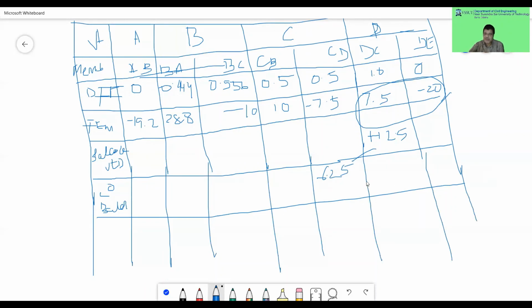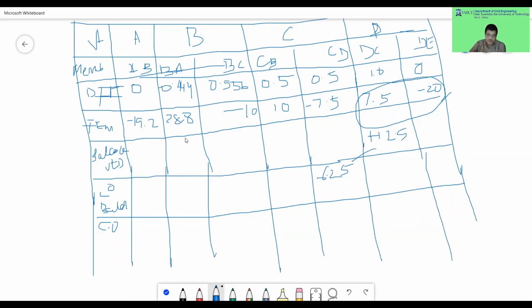If you want, you can write all these initial moments here and then balance, or you can directly do that. Now, if you come to this, it will balance and carry over. What is the moment here? 28.8 minus 10, so it becomes plus 18.8. You have to apply minus 18.8.